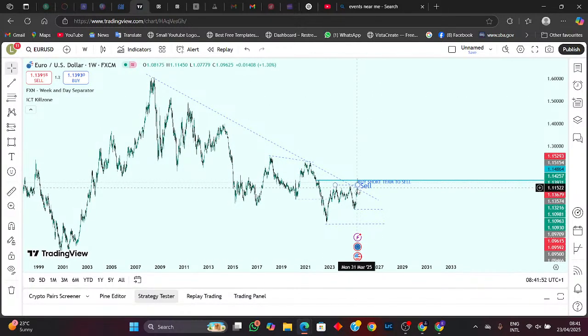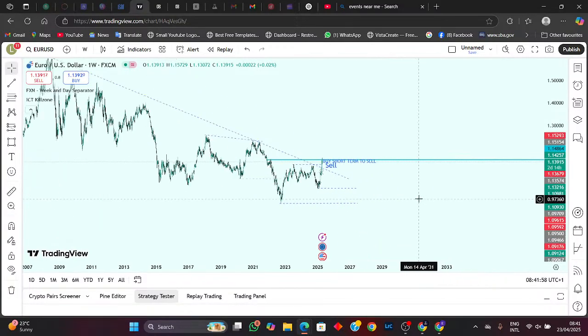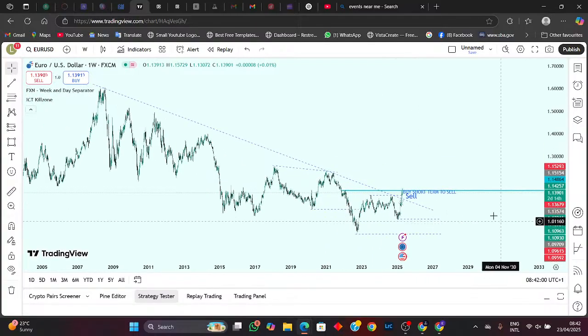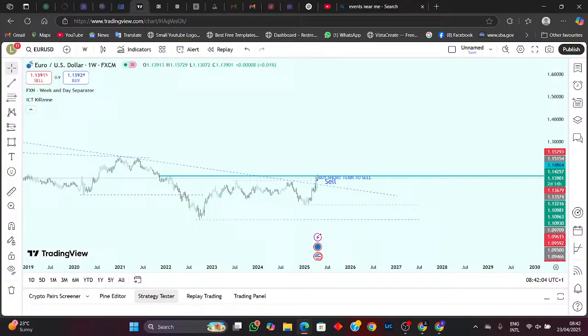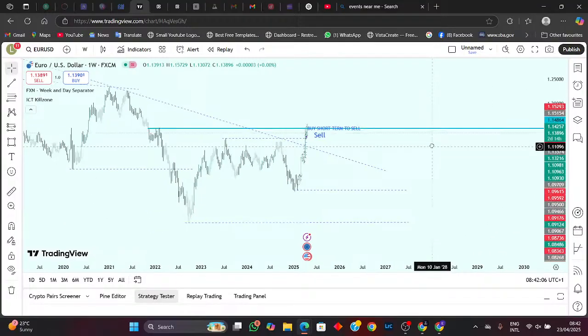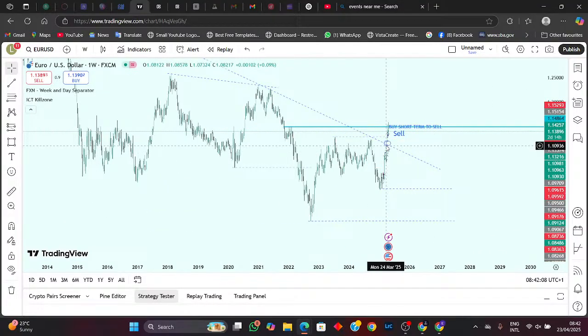Most of the retailers will think that as soon as price got to this point, it's going to sell.